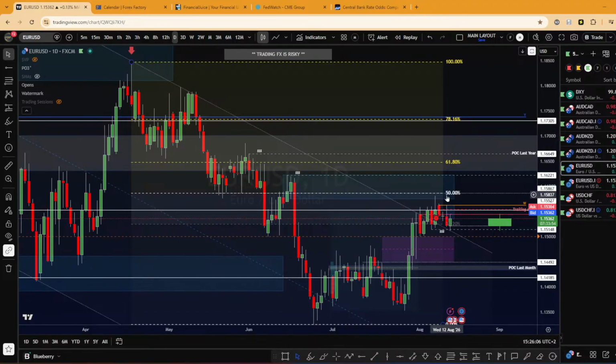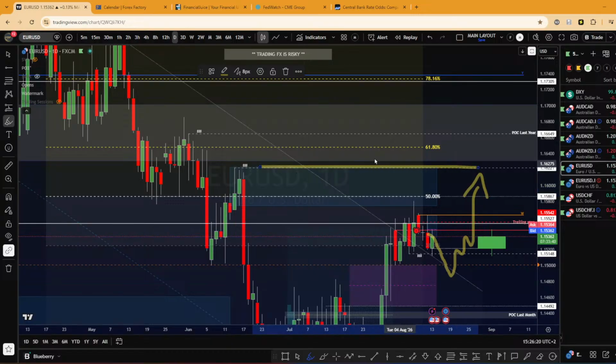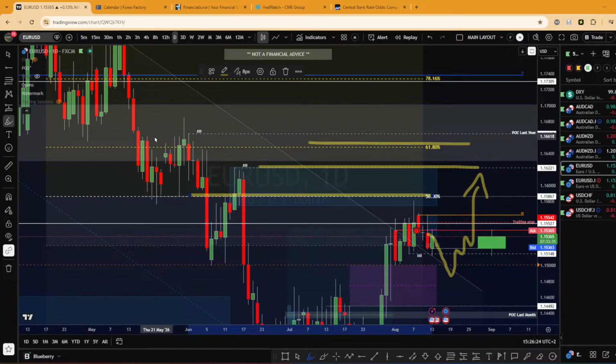We barely touch the 50% of this level, so that's why I'm a bit skeptical. So I think that at some point maybe we will touch here and push to target premium price, another premium price here. You see, we have another high to target.